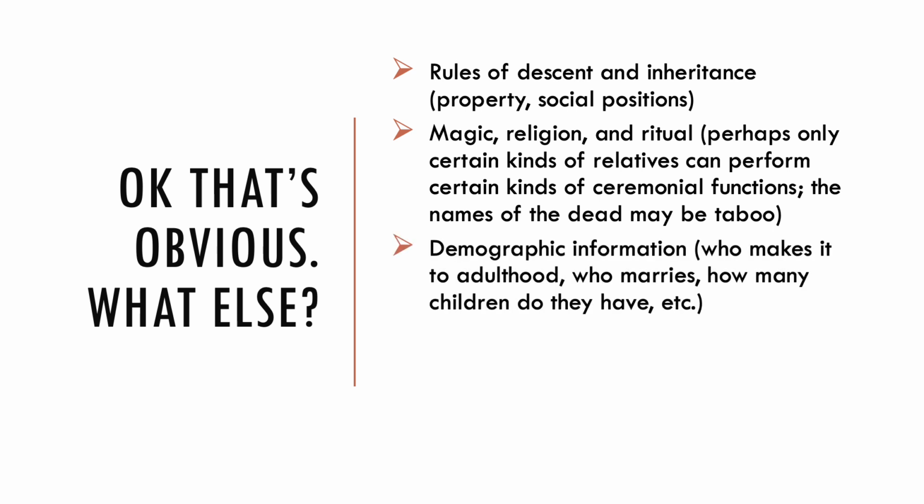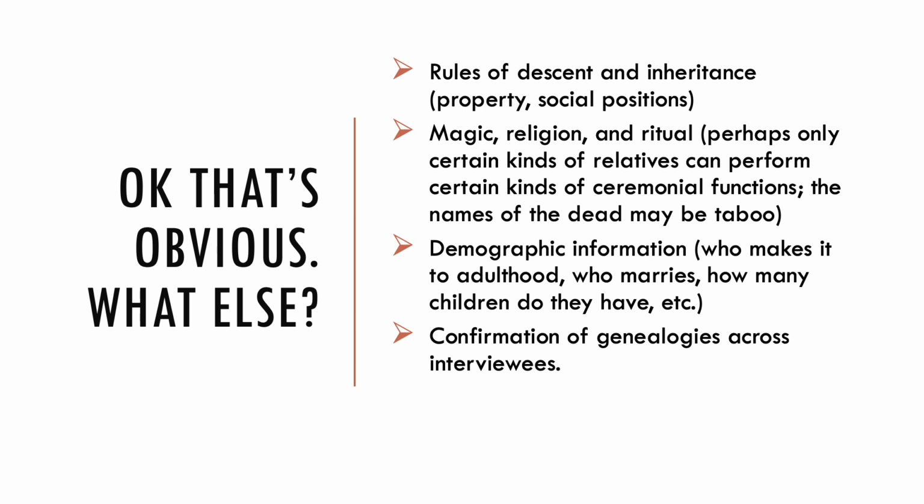You would find out some basic demographic information, so who makes it to adulthood, who gets married, how many children do they have, etc. You would be able to confirm genealogies across interviewees. Every interviewee, even if they're part of the same family, might give you a slightly different version of their kinship chart. Maybe different family members know different things about distant relatives. Maybe somebody knows more, somebody knows less.